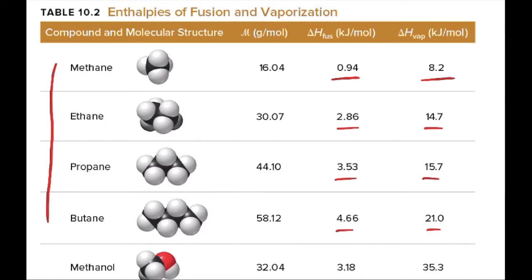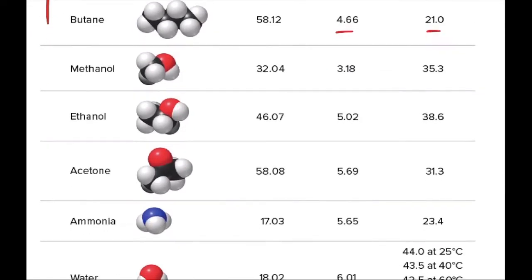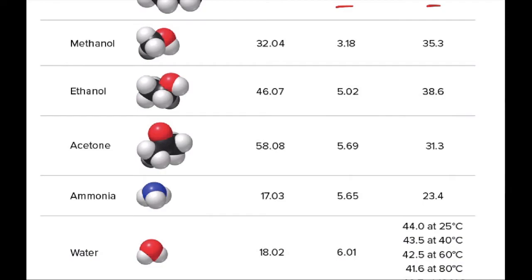And if we look at the next 5 substances, methanol, ethanol, acetone, ammonia, and water, you should remember these as all being polar, and in particular, they experience hydrogen bonding. So the forces keeping them together are a lot stronger than the forces keeping the previous 4 compounds together. So if you look at their delta H of fusions, notice they're quite a bit larger than the preceding compounds.